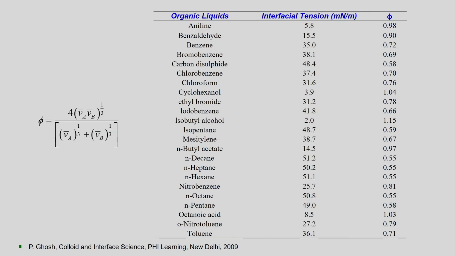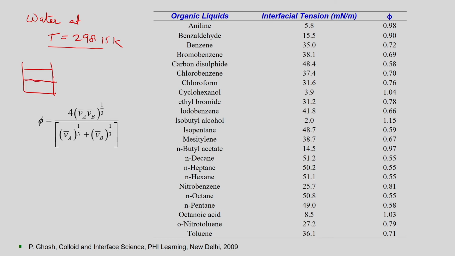So, these are some different values of interfacial tension when they are mixed in water, at T equal to 298.15 Kelvin. If you mix equal volumes of water and this compound at this temperature, what is that interfacial tension?